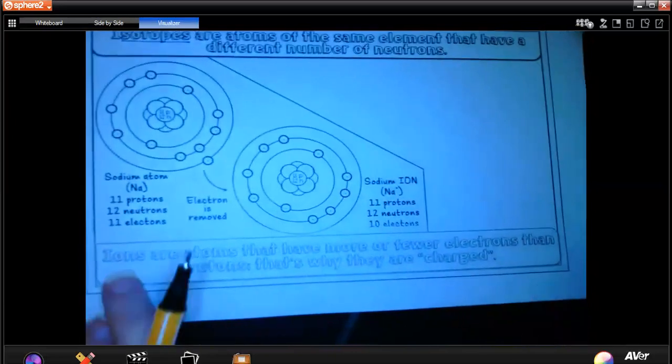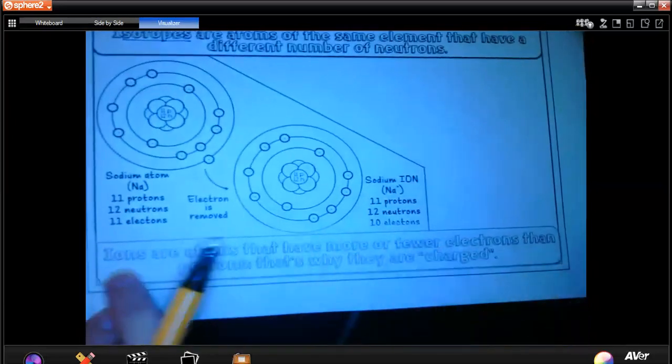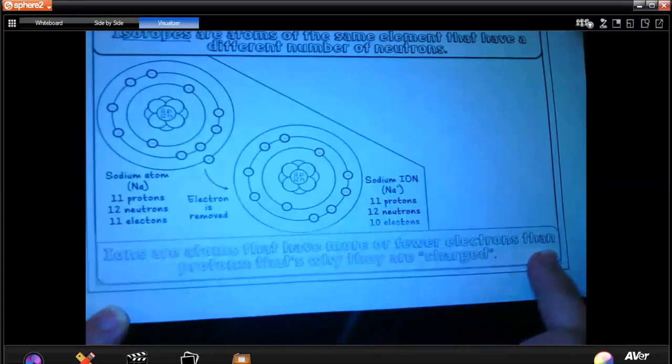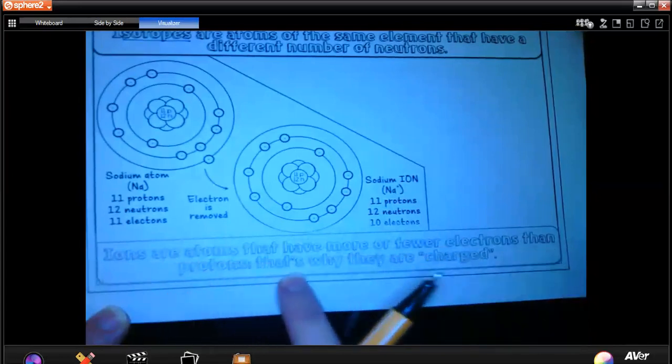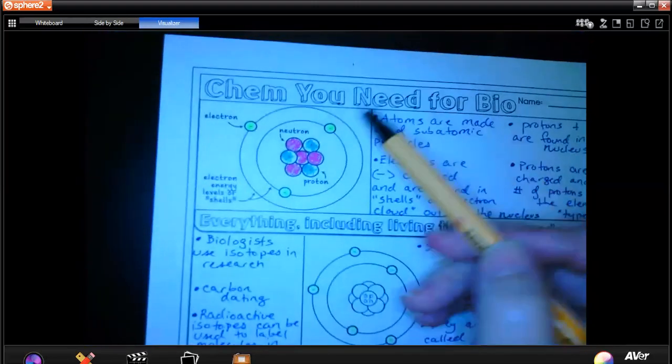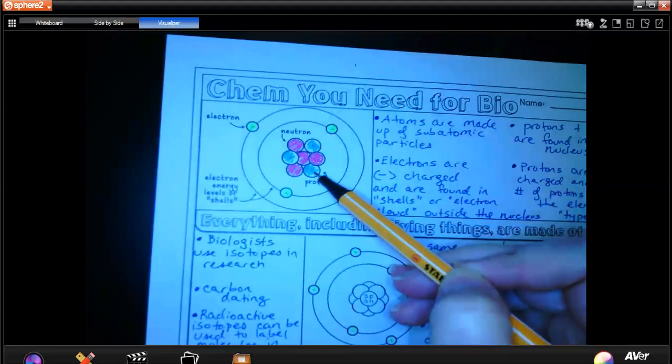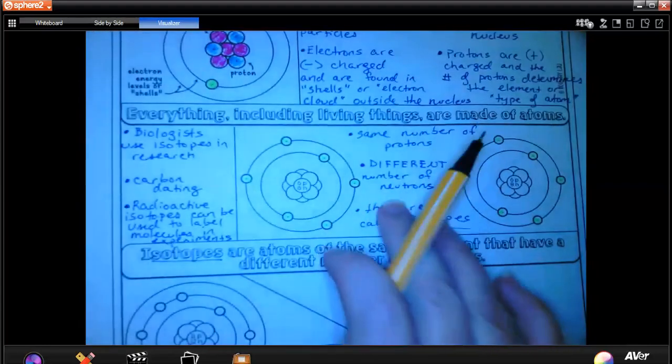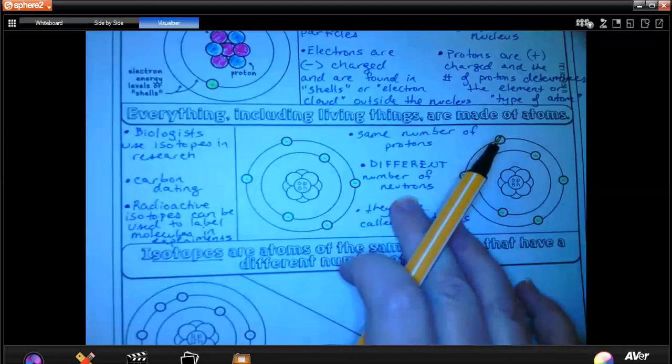So down here, and it's lighter for some reason, but it says ions are atoms that have more or fewer electrons than protons. That's why they are charged. So remember, we have electrons, protons, and neutrons. This is telling us what happens when the neutrons are different than the protons. We get isotopes.